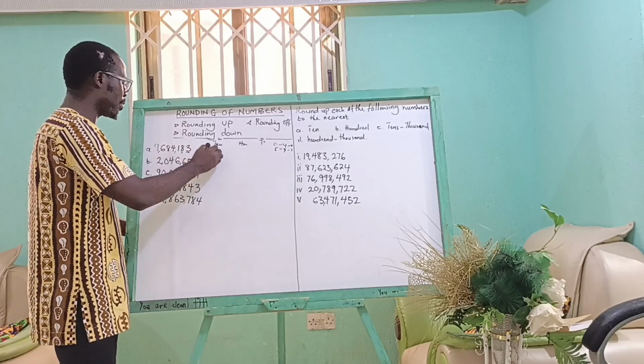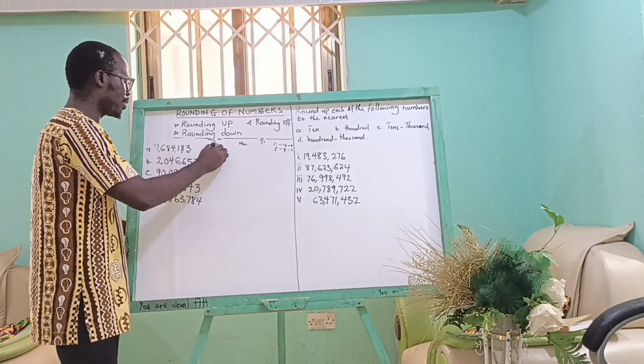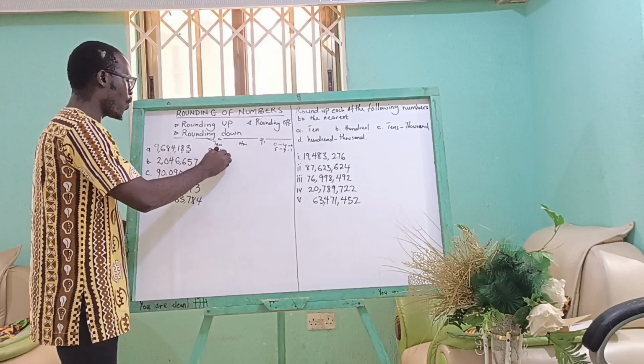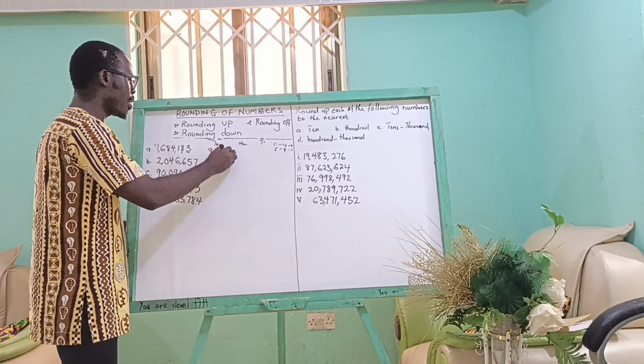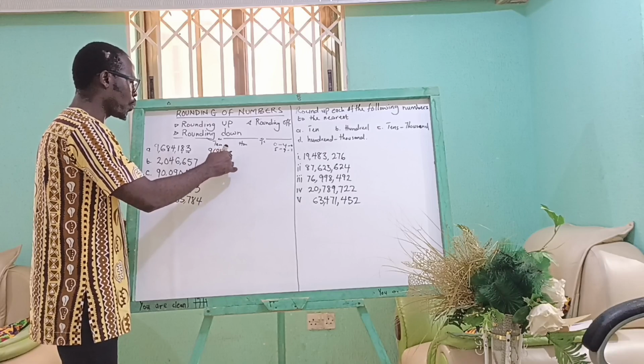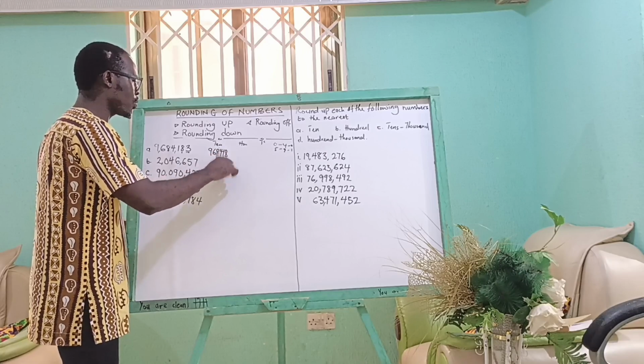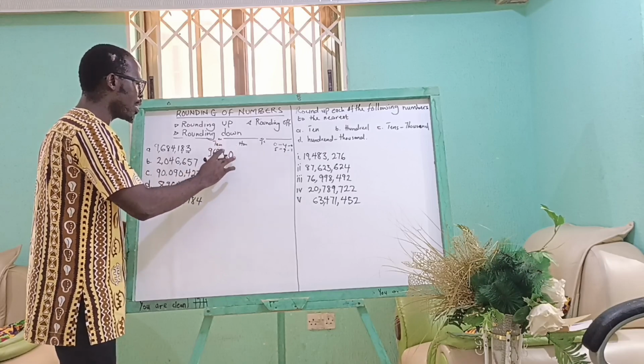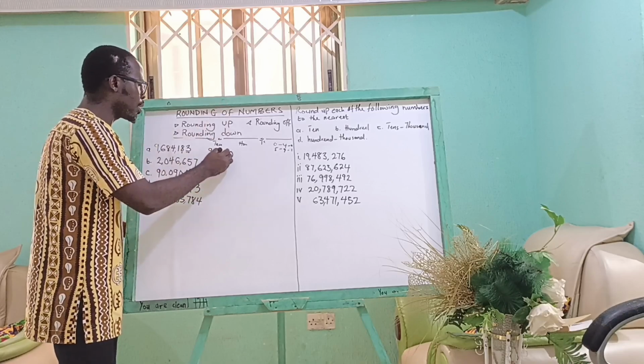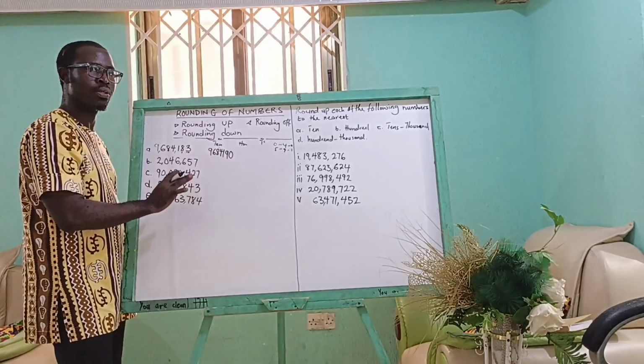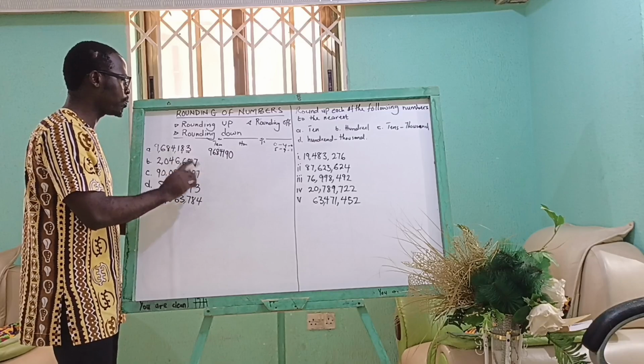So we'll now get 9,684,18 and so on. But we are rounding it, so this one becomes 0. And then it is up, so we increase it by 1. You get it? Very simple.